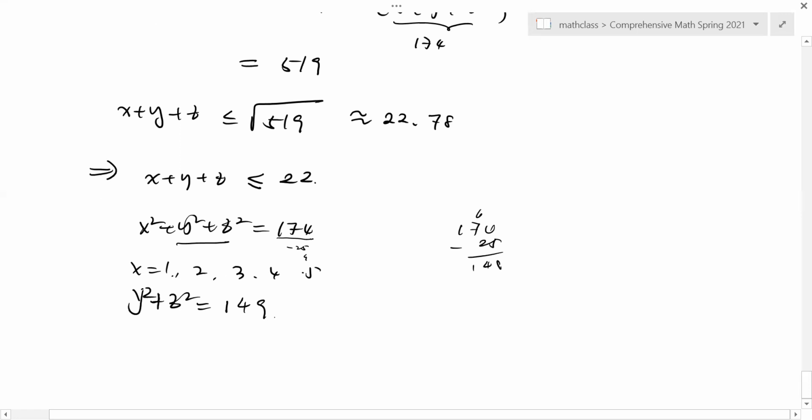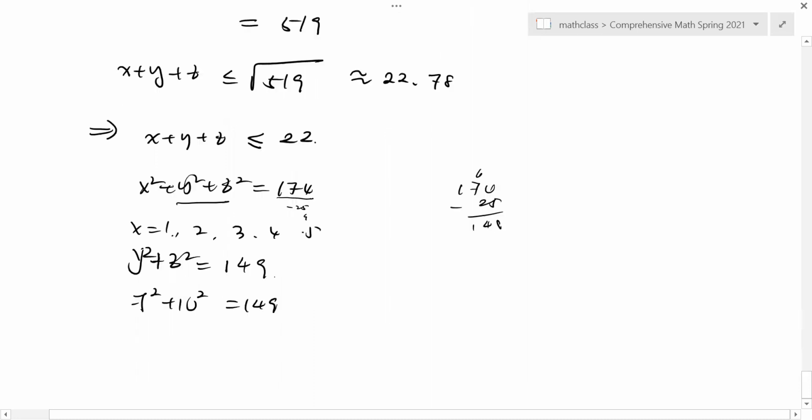Okay. Then I see that I can get 7 squared, 10 squared, it's going to be 149. So anyway, we get a solution. You don't need to find all of them. Just find 5 squared plus 7 squared plus 10 squared equals 174.